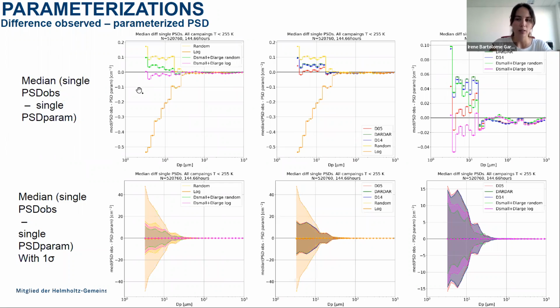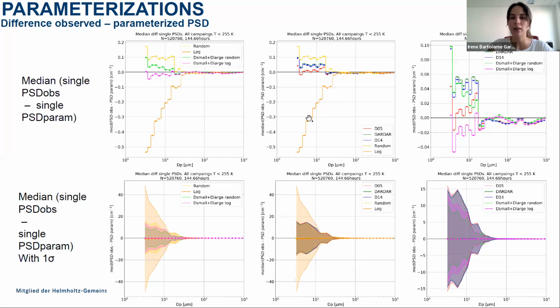These plots correspond to the median of the difference of the single PSDs. The upper left plot corresponds to the new parametrizations. We have in pink and light green the two modes, and in comparison to the new one-mode ones, they are closer to the zero line.